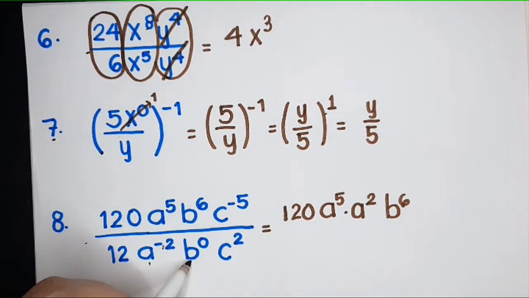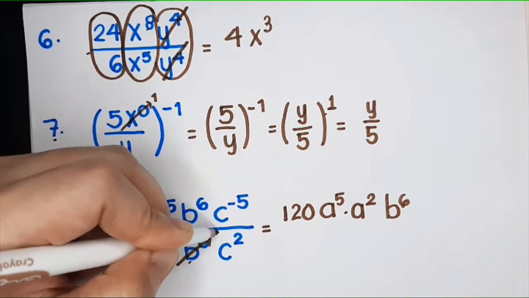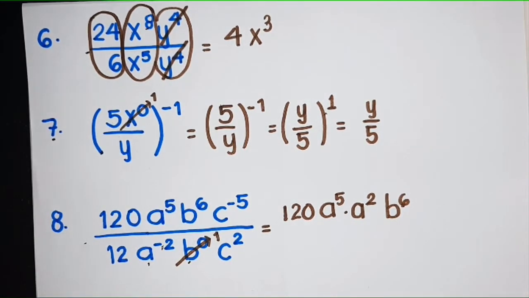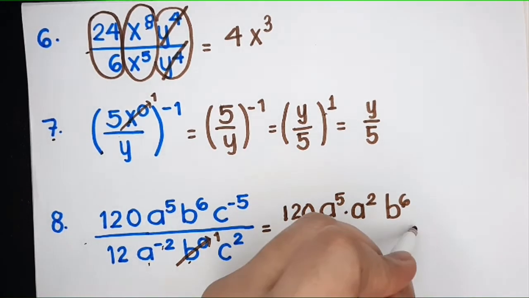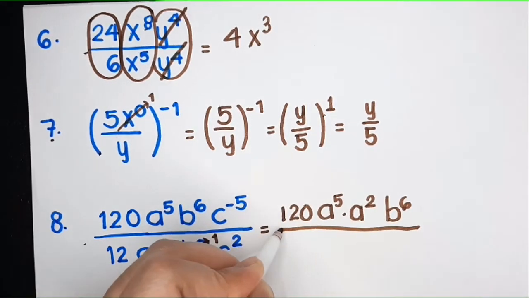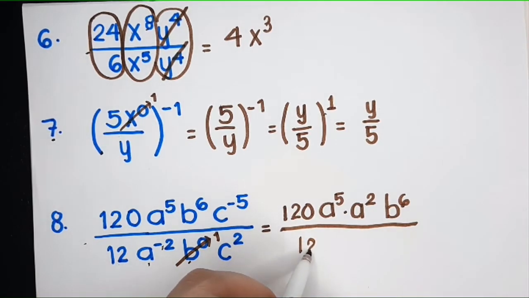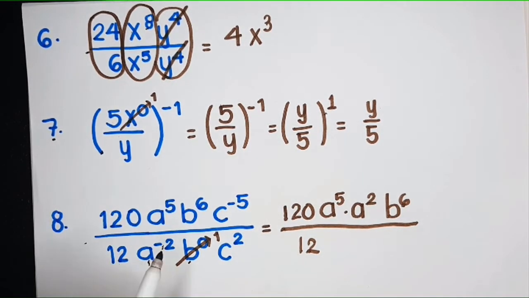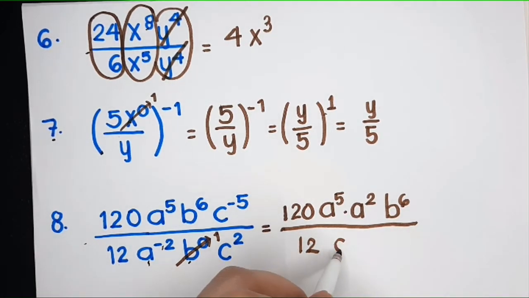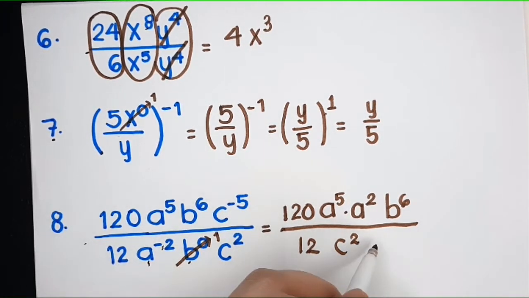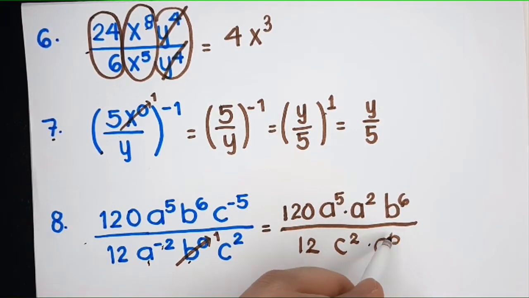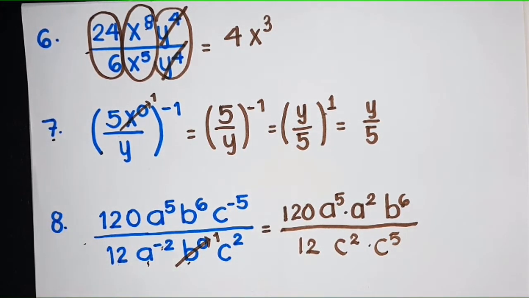And then, I have a b here, but this one is equal to 1 because it's raised to 0. And then, I don't write c here because it has a negative exponent. Para maging positive yung exponent niya, ilalagay ko siya sa ilalim. Okay? Pero yung mga nasa ilalim, you have 12. Okay? Yung a, wala na, nilagay natin sa taas. Yung b, it's 1. Okay? And then I have c squared. And then c raised to positive 5.